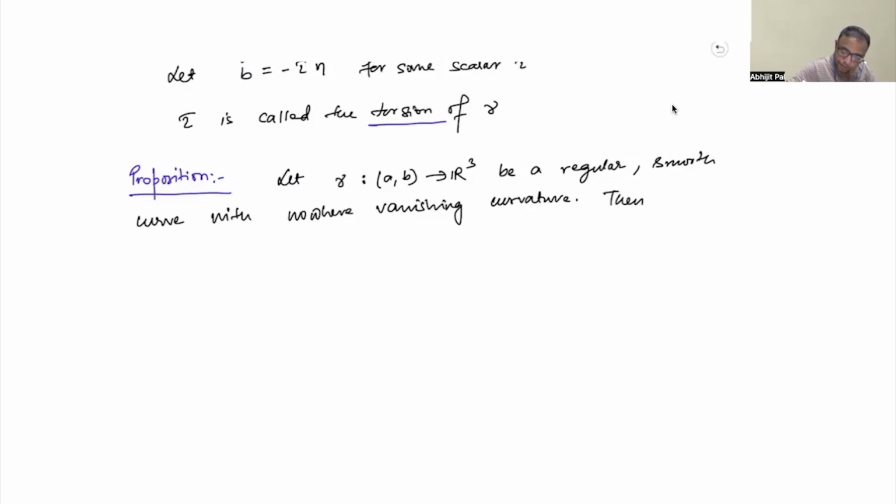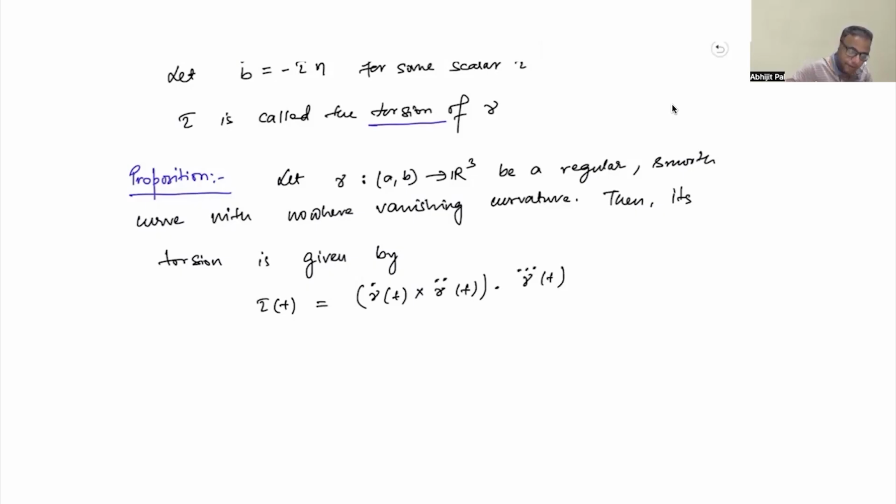So then its torsion is given by tau(t) equal to (gamma dot(t) vector product with gamma double dot(t)), whole dot product with gamma triple dot(t), divided by the norm of gamma dot(t) vector product with gamma double dot(t), this norm squared.